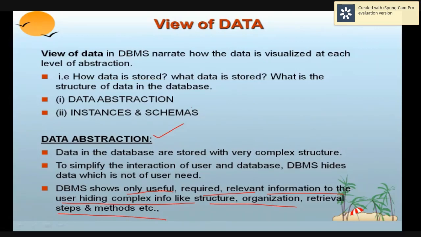So I already said that to explain this concept of view of data, you may have to look into data abstraction and the other concept called instances and schema. So what is meant by instances and schema?